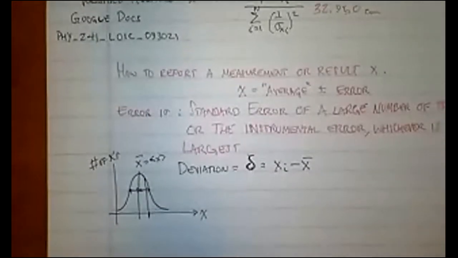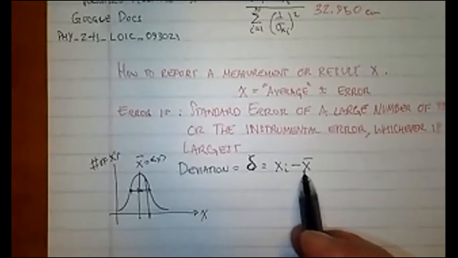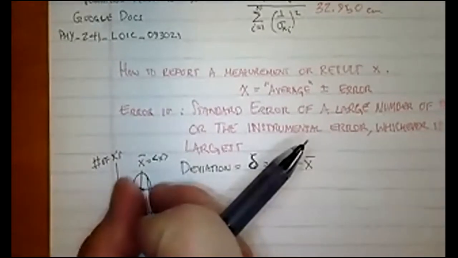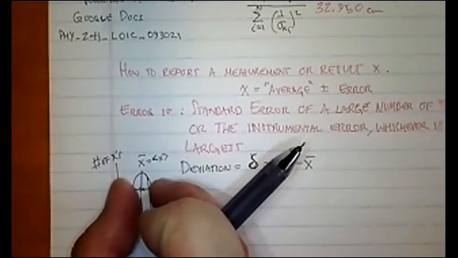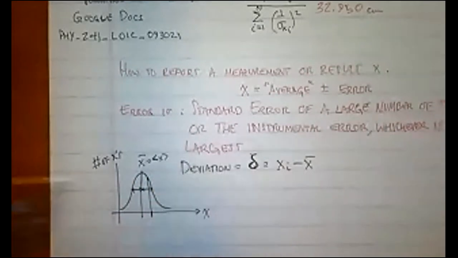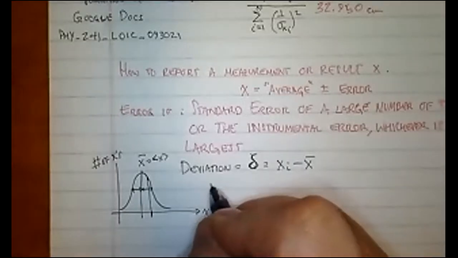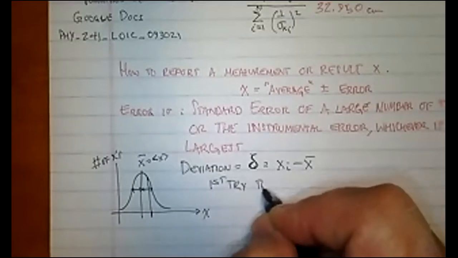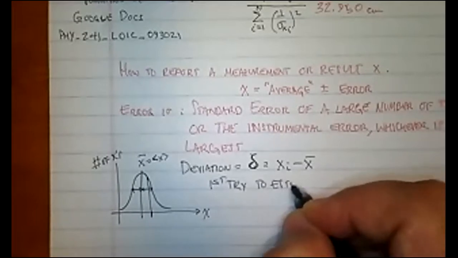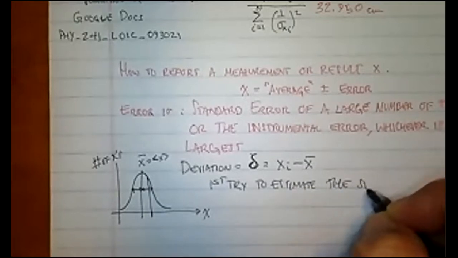Okay. So your first instinct might be, well, let's just average how far away each x is from the average. And that would give me an idea of how good this data is. If this data is really narrow, I've really got some good results. If the data is really wide, that means there's a lot of variance in my data and it's not that good. So maybe I say first try to estimate the spread of data.